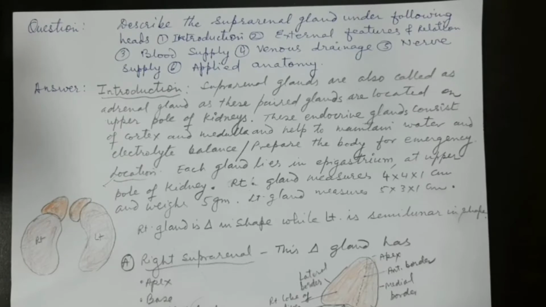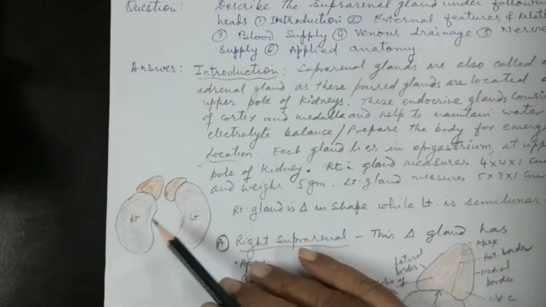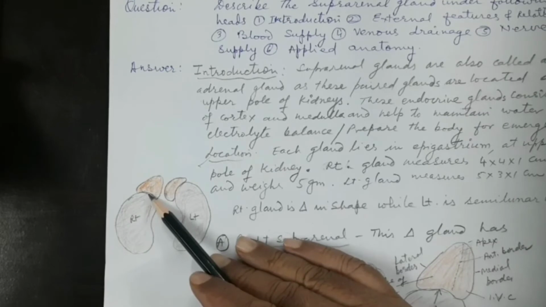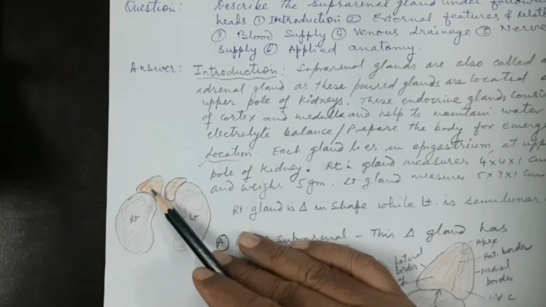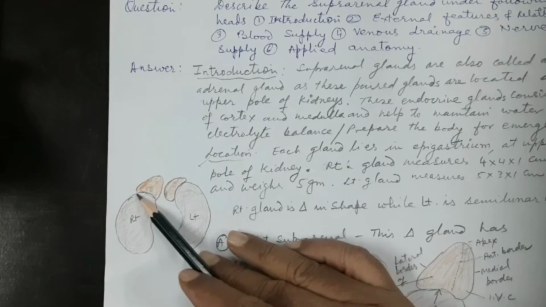While the left gland measures around 5 by 3 by 1, that means 5 centimeter height, 3 centimeter width, and 1 centimeter thickness. So there are two glands. The right gland, which is located on the apex, on the upper pole of the right kidney, is triangular in shape. It has an apex and base. You can see here in this diagram, this is the right kidney, and on its upper pole this is the right suprarenal gland, which is triangular in shape.